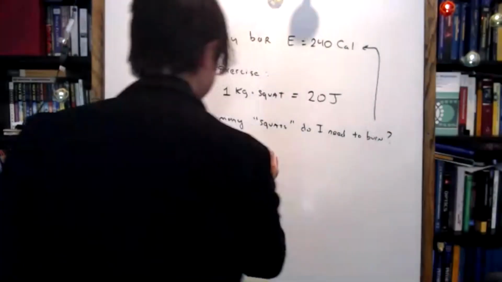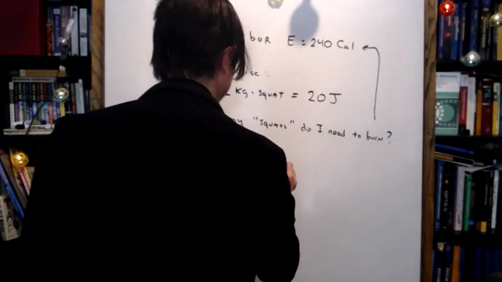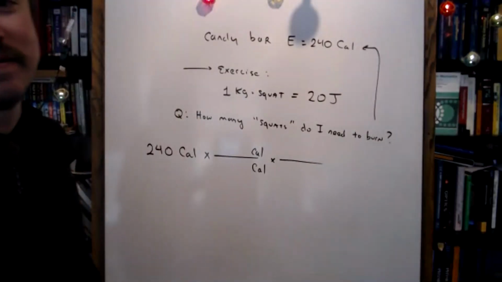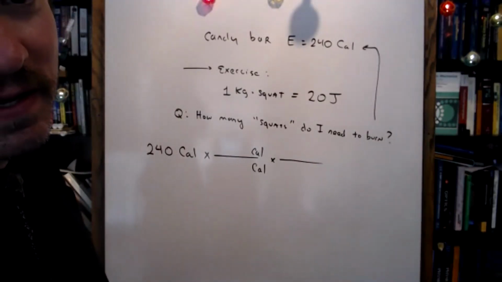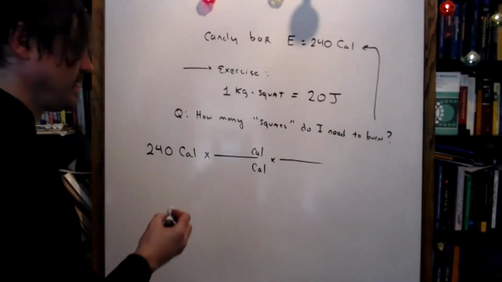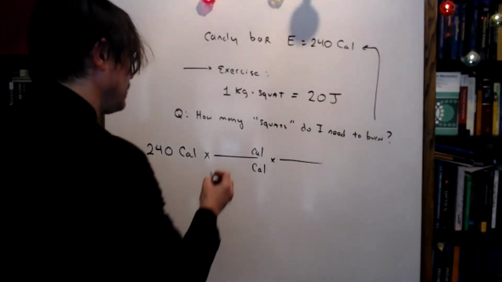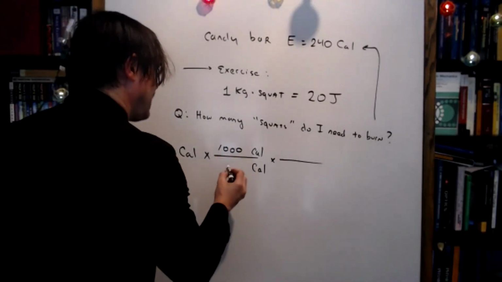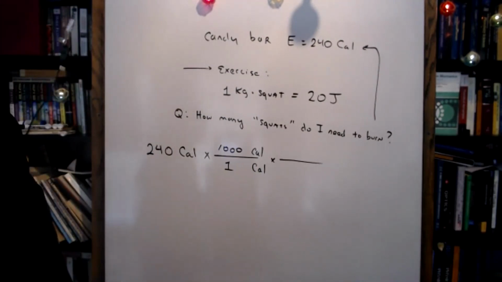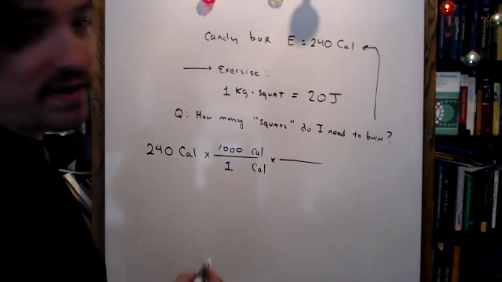That's a good idea. Okay. How many calories are in a calorie? 1 kilocalorie. Oh, so 1,000 on the top and 1 on the bottom. Right. There's 1,000 calories in 1 kilocalorie, formerly known as the kilocalorie, now known as the calorie. Anyways. Yeah. Okay, you've done that.